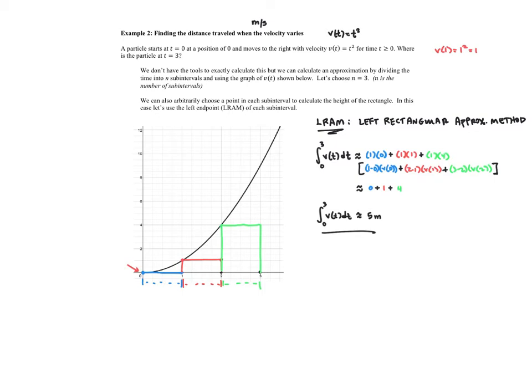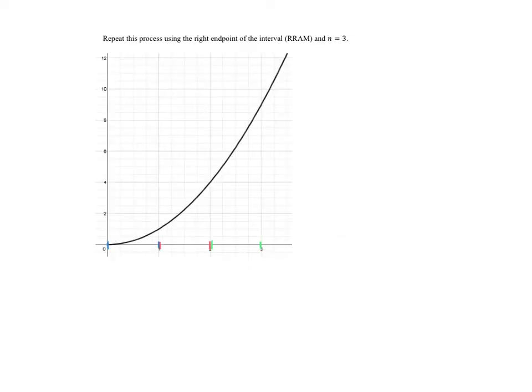Let's move to the next slide where we'll do a right Riemann sum. All right, here we are on the same function, v of t is t squared. Let's approximate using a right Riemann sum the same area from 0 to 3, v of t dt. In the right Riemann sum method, you justify the height of the rectangle to the right side of the interval.